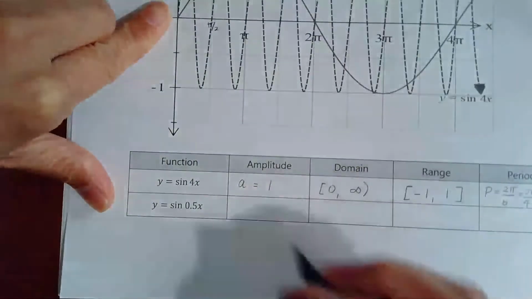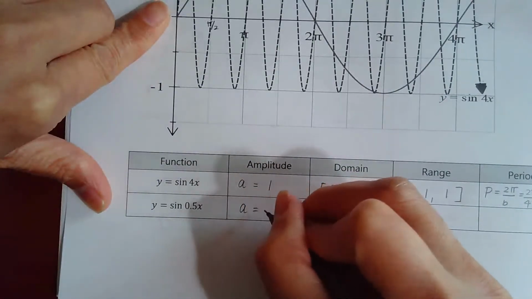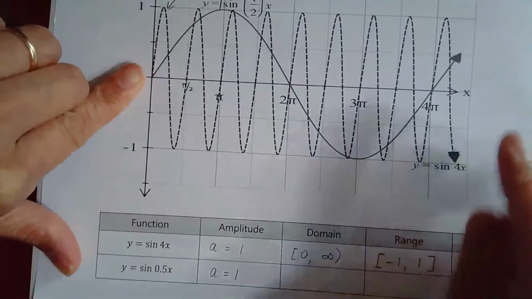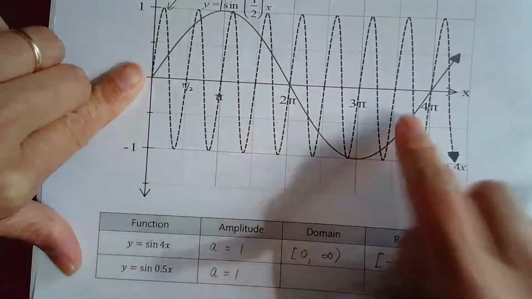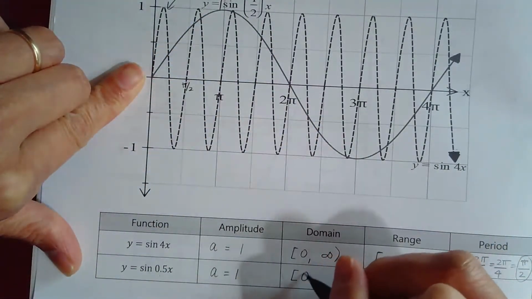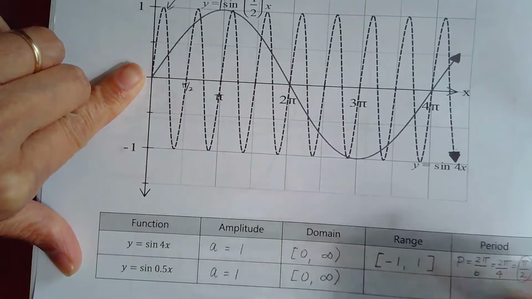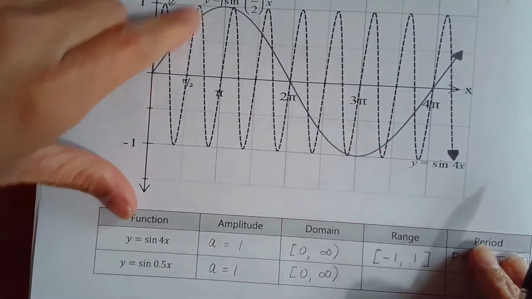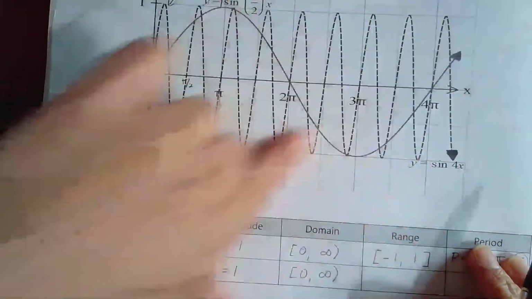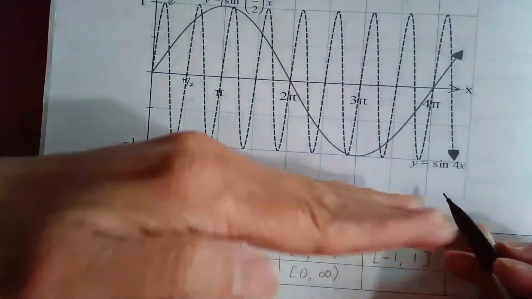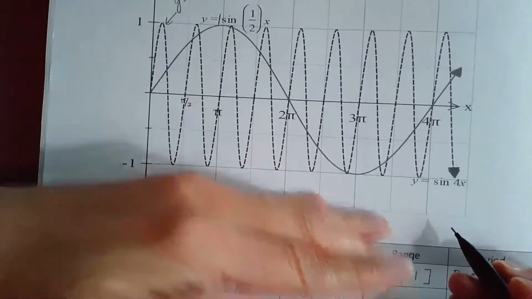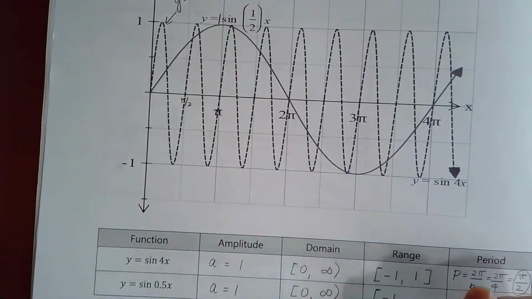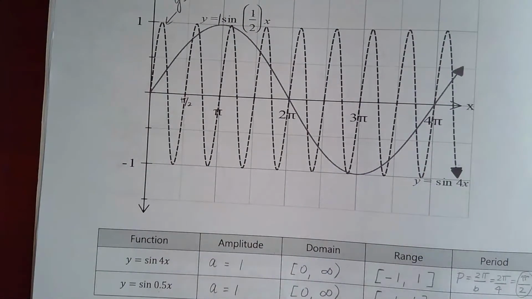So let's take a look. Amplitude is still 1. The domain is the possible x values, so that's going to be from 0 to infinity. For the range, we're following this solid graph here. The lowest is -1. The highest is +1. So the range is from -1 to +1.